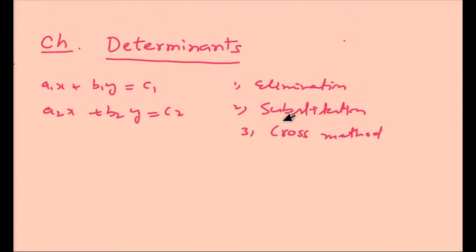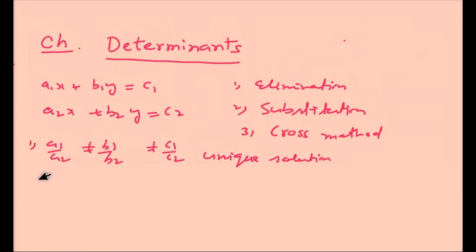You should know about these 3 points. Before going to the solution by elimination method or substitution, if we want to know whether a solution of x and y exists or not: if a1 upon a2 is not equal to b1 upon b2, then it is a unique solution.